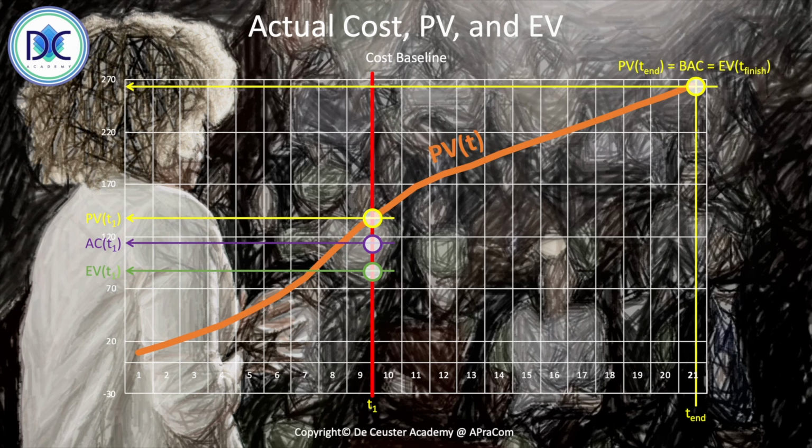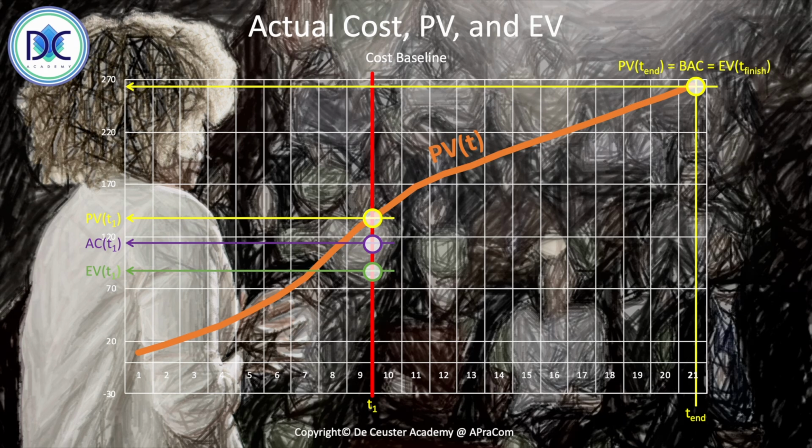But remember the original idea, when we compared the actual cost with the planned value, we would say, oh my God, we are doing well, we're below the planned value, we're below the S-curve, which would result in the conclusion that the project is running well. Although here we already see that this is not really the case, because we have an earned value smaller than the planned value, which indicates that we are late.